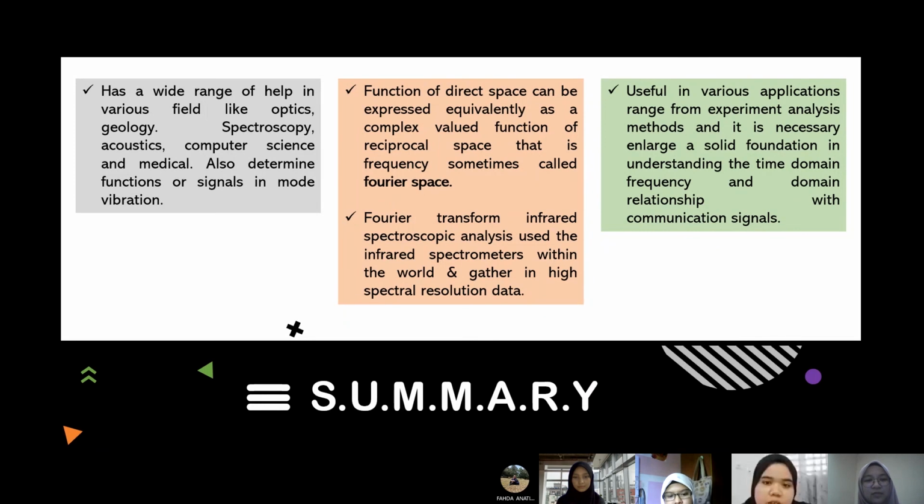Fourier transform infrared spectroscopy analysis uses infrared spectrometers to gather high spectral resolution data. Fourier transform is also useful in various applications ranging from experiment analysis methods, and it is necessary to have a solid foundation in understanding the time domain and frequency domain relationship with communication signals.